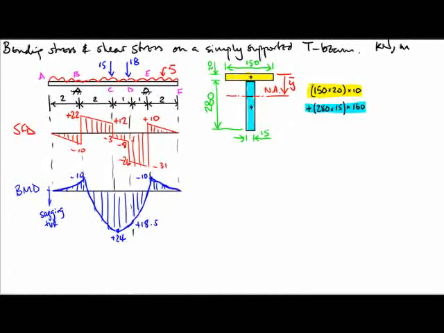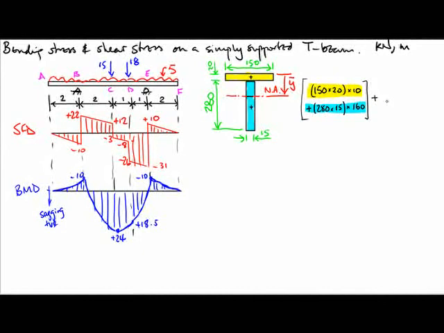When we add the two together, that is the sum of the moments of the two blocks taken separately. Now that's got to equal the first moment of the whole area taken as a combined section.